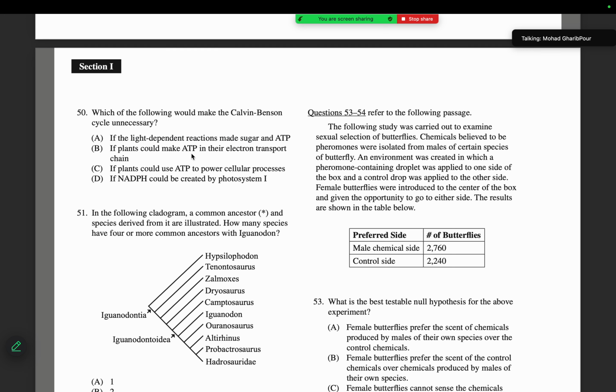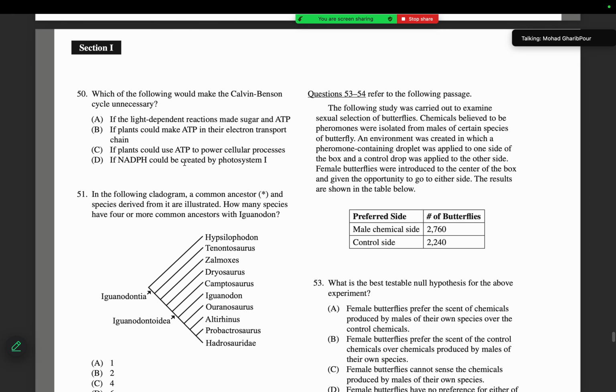If plants could make ATP in their electron transport chain. Well, they kind of do. So this is not an answer. They do make ATP. If plants could use ATP to power cellular, they already do.